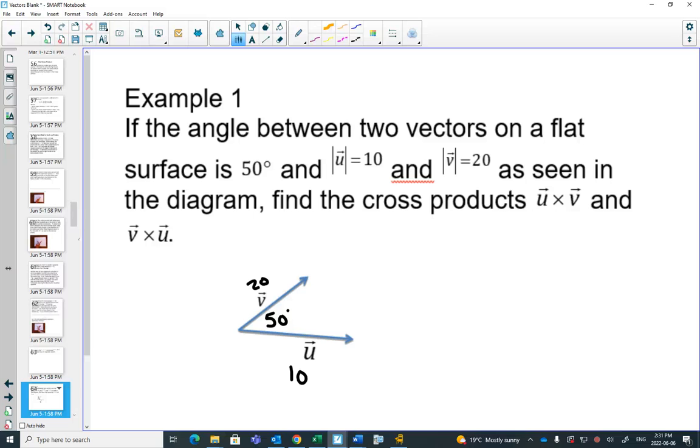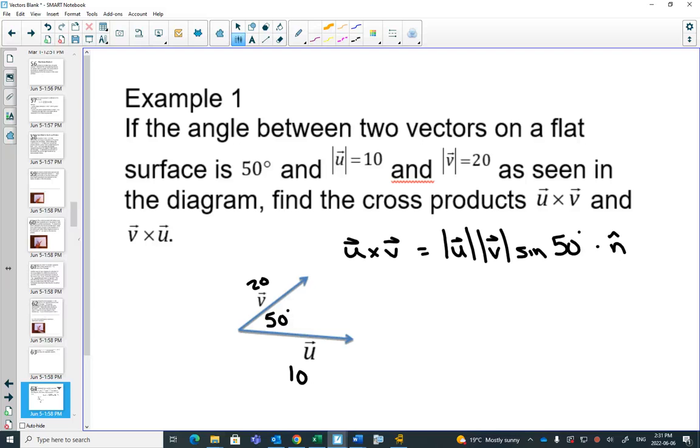Okay, so starting off with u cross v, it's going to be the length of u times the length of v times sine of theta, which in this case is 50 degrees, times the unit vector n.